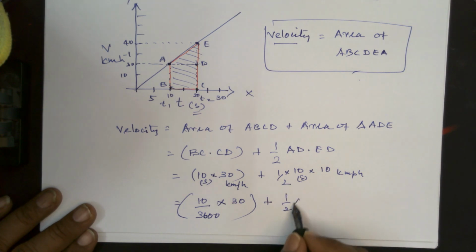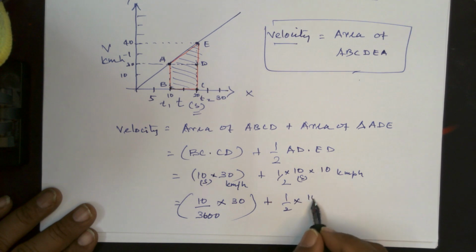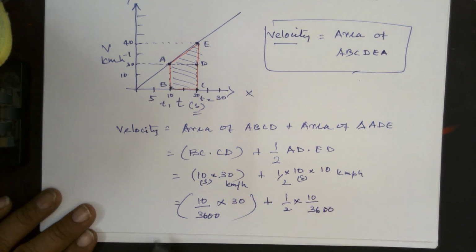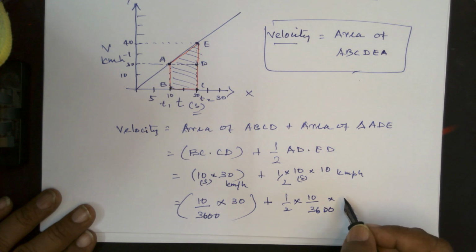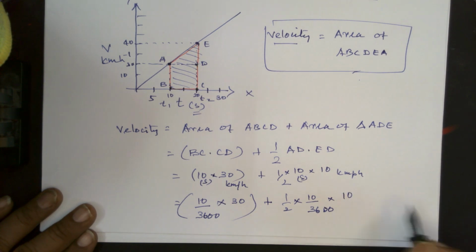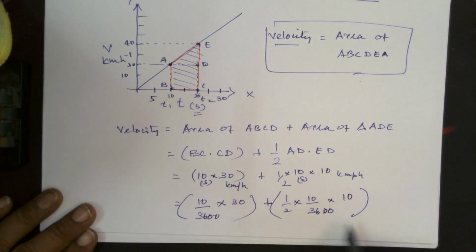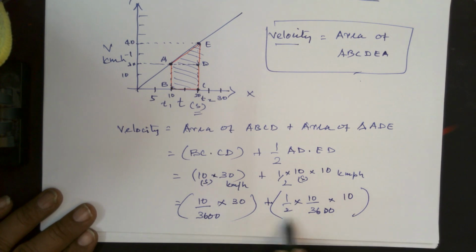Half into 10, again 10 by 3600. Okay. Into, and what about this? Kilometer per hour. Okay. So 10 kilometer per hour. So the result is obtained in kilometer per hour.